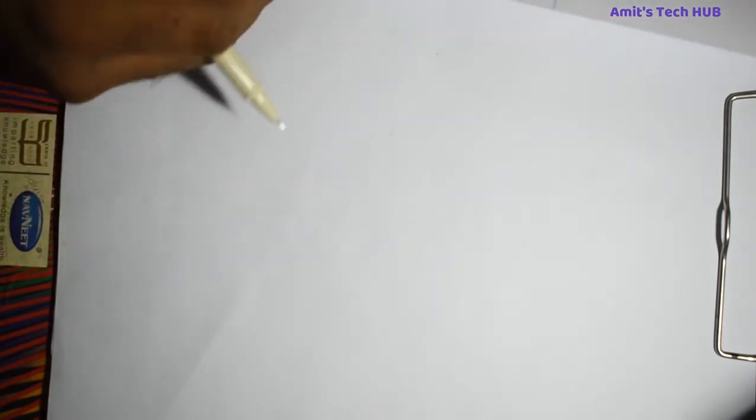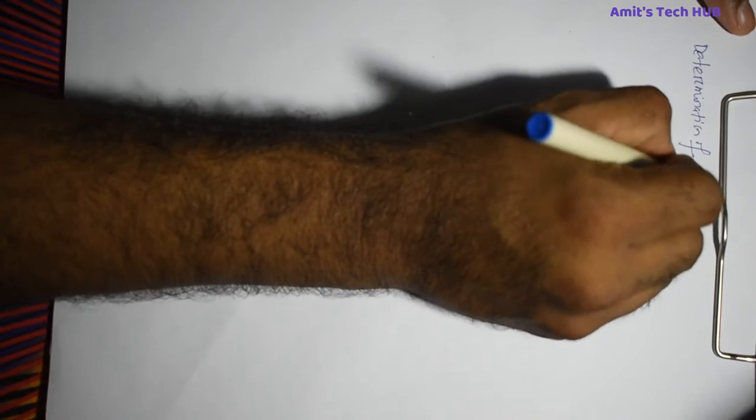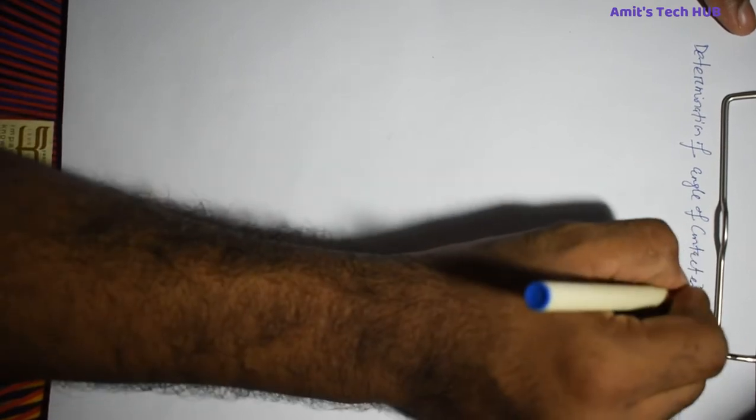The next topic is the angle of contact. How to find out the angle of contact? That is, the determination of the angle of contact in open and cross belt drive.